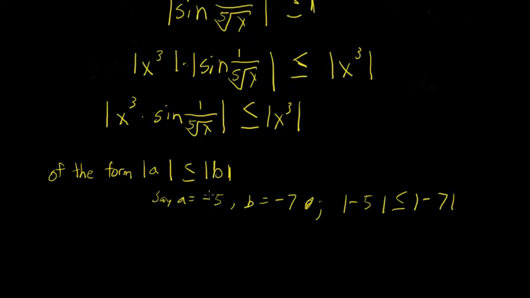But what we can say here is we can write these two inequalities here, and I'll write them and then explain them. So here, -5, which is A itself, is less than or equal to the absolute value of -7, but it's greater than or equal to negative the absolute value of -7.